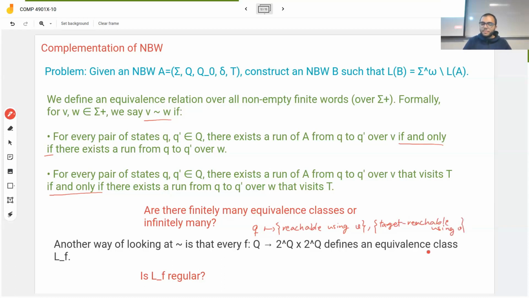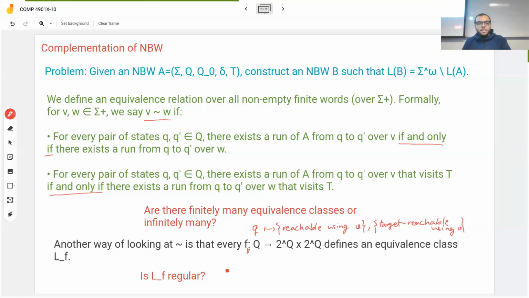So for every v, I can basically have a function f of v that gives me these two sets. That tells me from every vertex, if I apply v as the input, what are the other states that I can reach, and what are the states that I can reach while also seeing a target in between. So this function, I call it f of v.